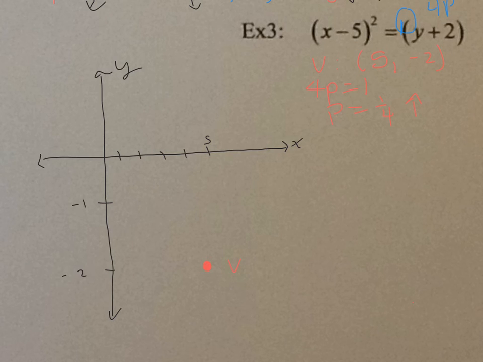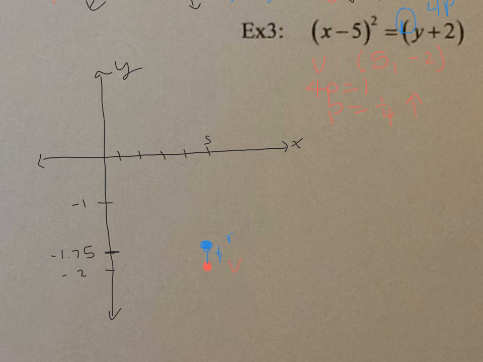All right, so now let's plot the focus, which is going to be up 1/4. So I'm only going up by 1/4 here. Only up 1/4. So if I'm at -2 and I'm going up 1/4, that's going to put me at -1.75.